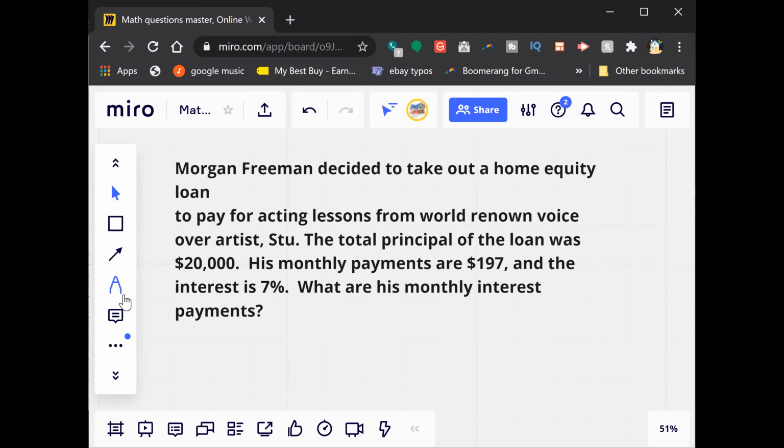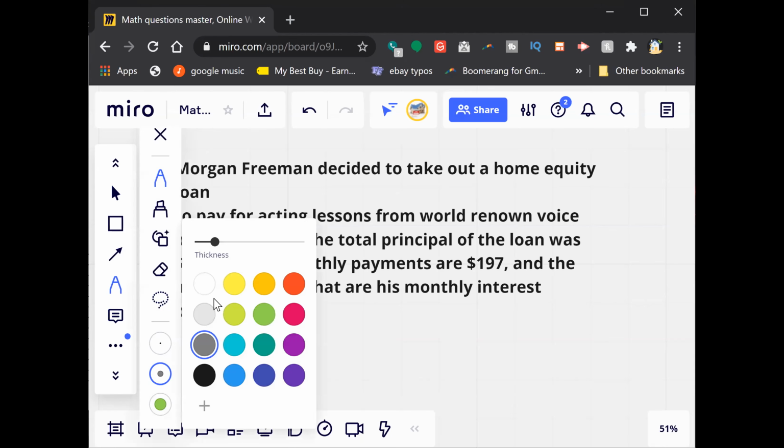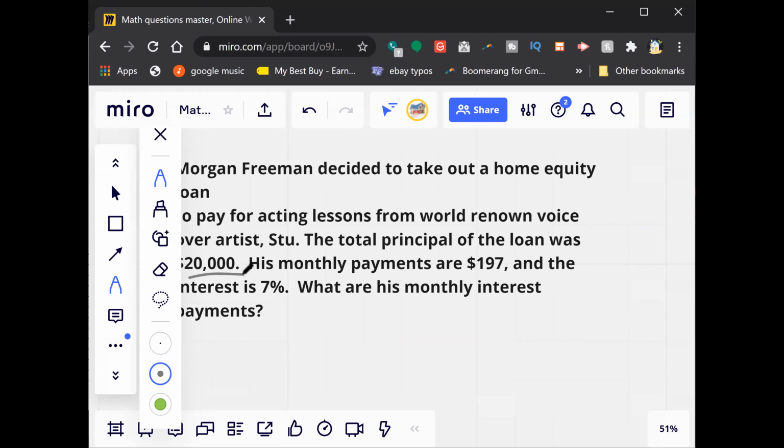So let's take inventory of what we have, okay? We have a $20,000 loan that he took out. We have monthly payments of $197, and we have an interest rate of 7%. So he's paying Stu a lot of money, okay?